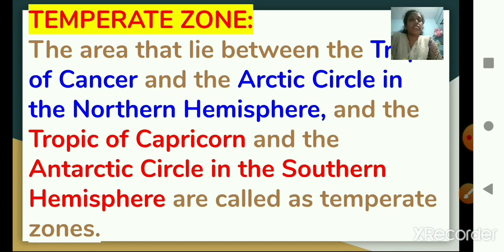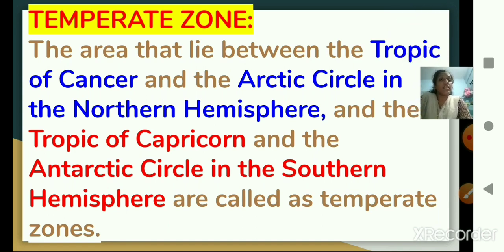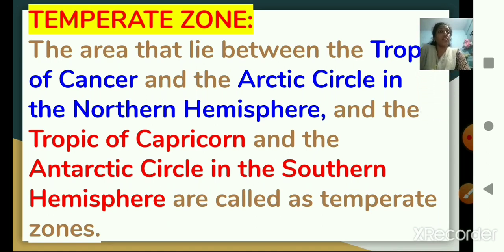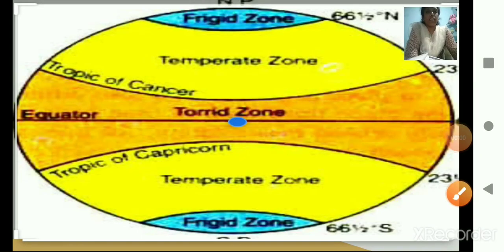Now let's switch to the next zone, that is temperate zone. The area that lies between the Tropic of Cancer and the Arctic Circle in the northern hemisphere and the Tropic of Capricorn and the Antarctic Circle in the southern hemisphere are called temperate zone. Let's see in the diagram.